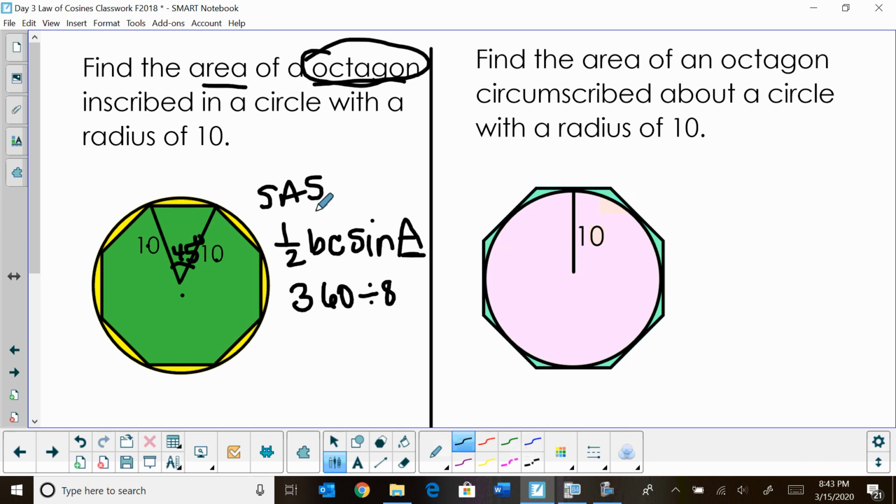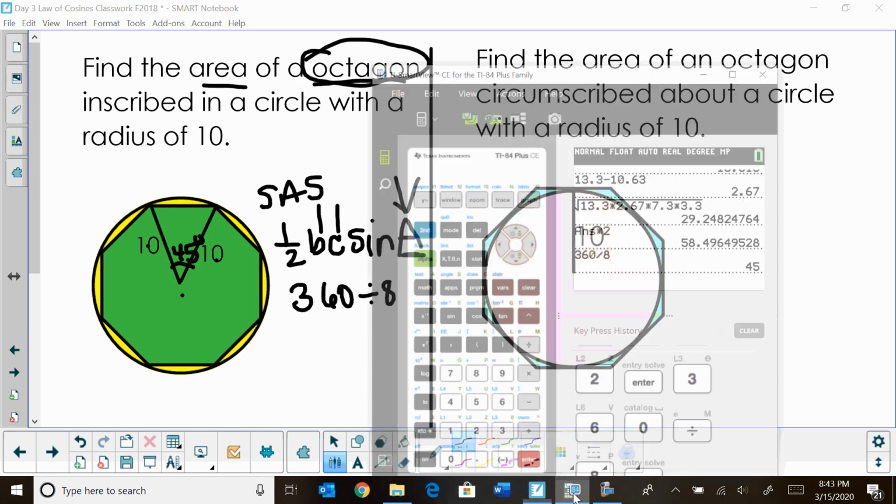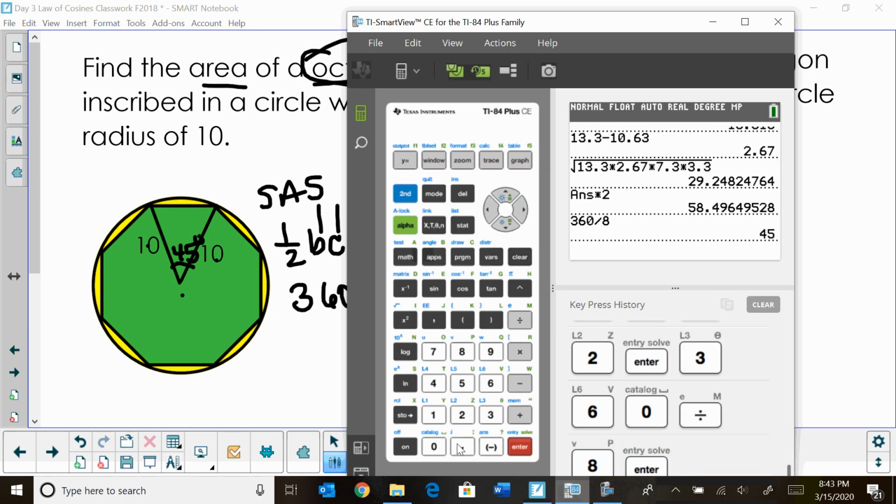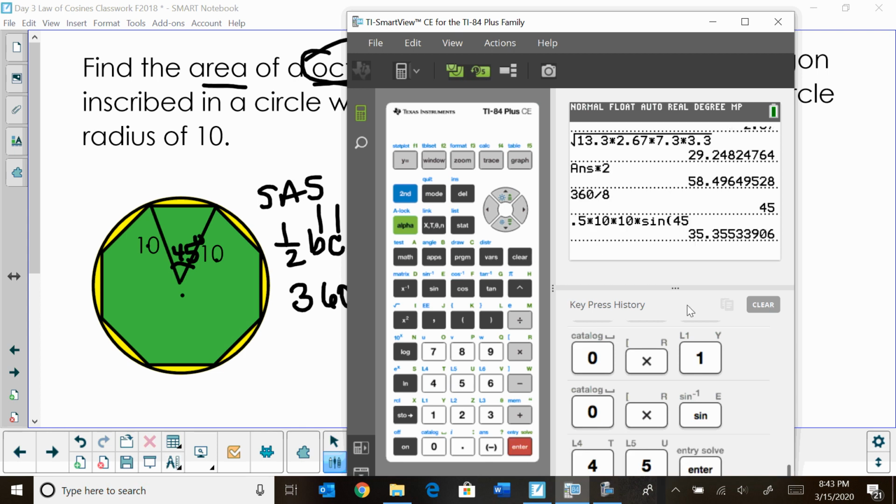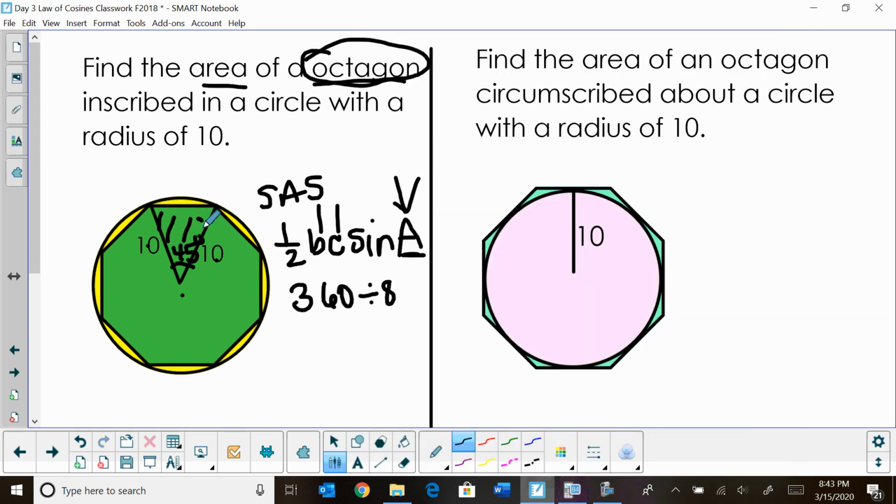So now we can just plug in 10, 10, sine of 45, and we have it. So let's take 0.5 times 10 times 10 times sine of 45, and that gives us the area of a triangle that's 35.35. So that's the area of one of these triangles.